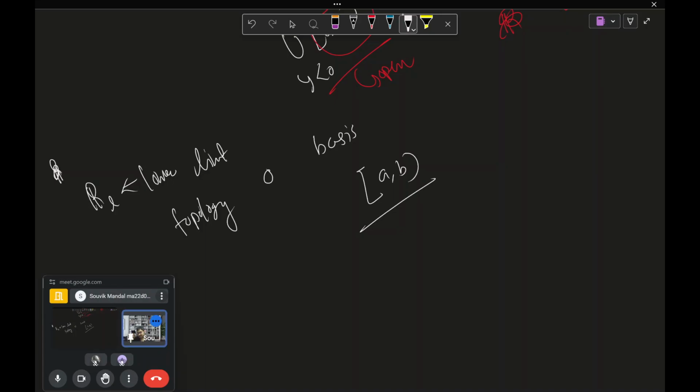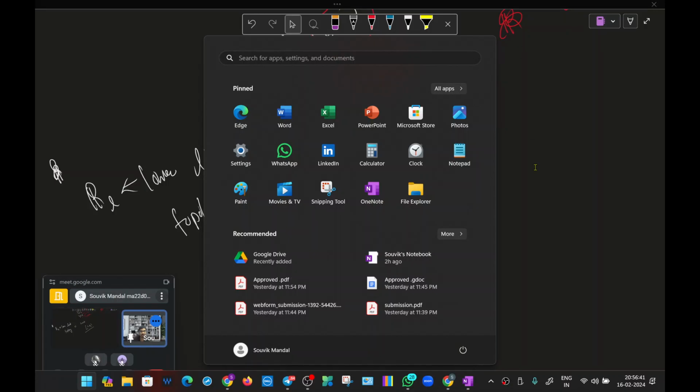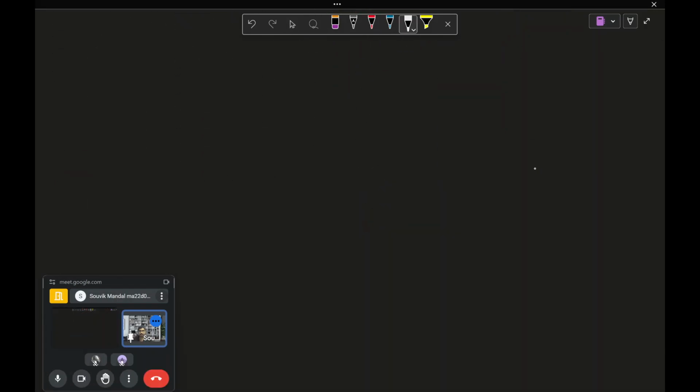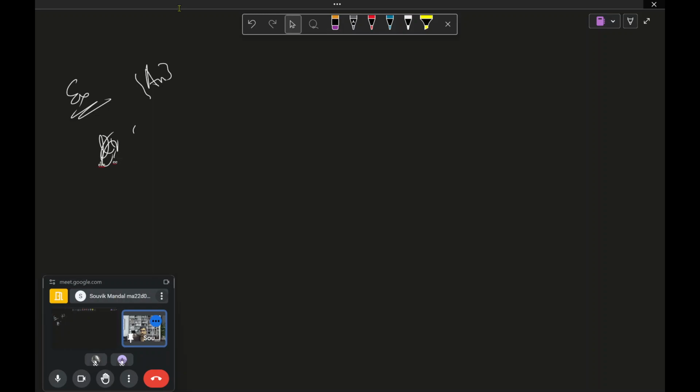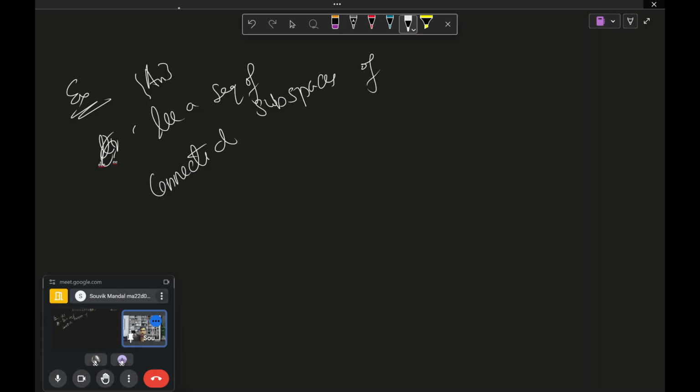Okay, so there is one exercise. Let A_n be a sequence of connected subspaces of X such that A_n intersection A_{n+1} is non-empty for all n.